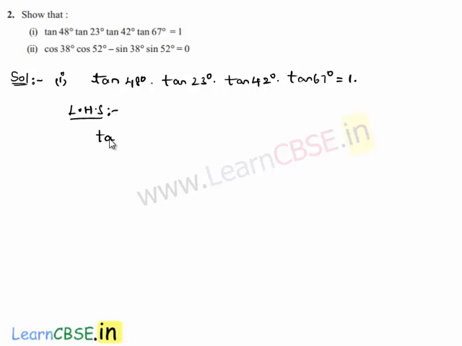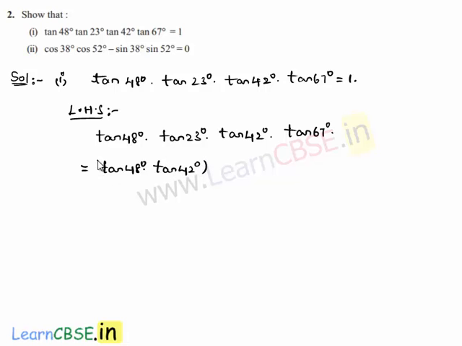That will be tan 48 degrees into tan 23 degrees into tan 42 degrees into tan 67 degrees. Now in this, let us consider tan 48 degrees into tan 42 degrees together and tan 23 degrees and tan 67 degrees together.